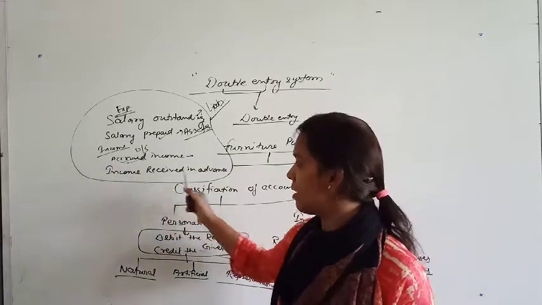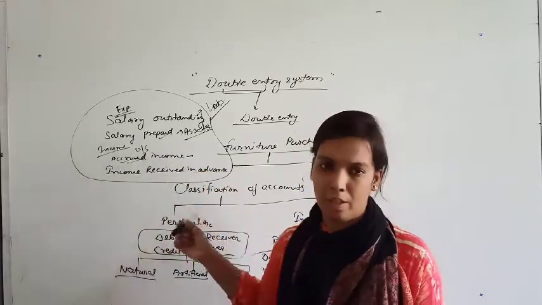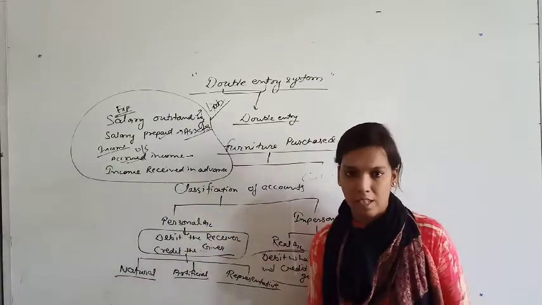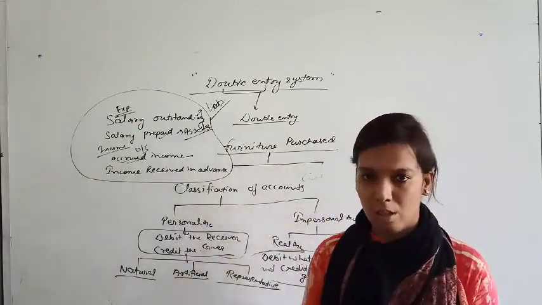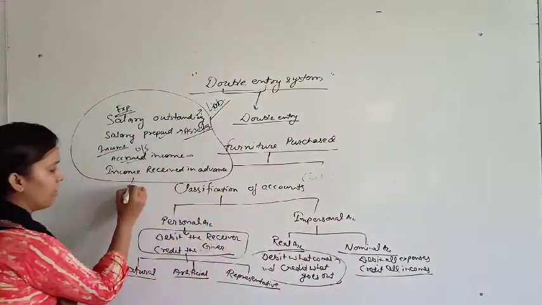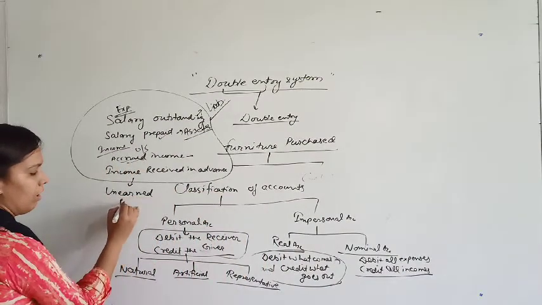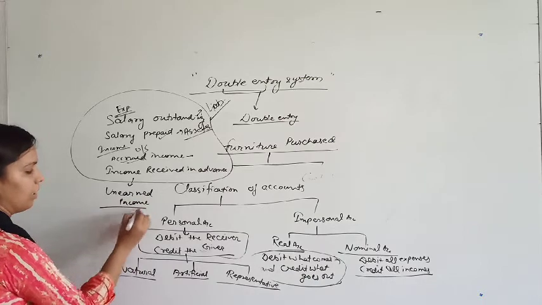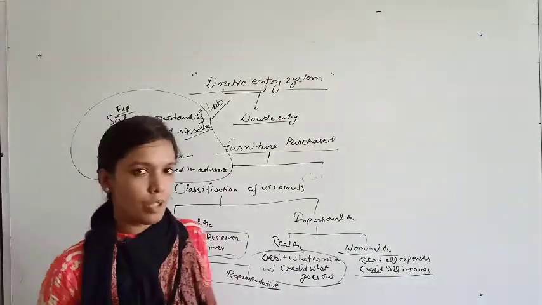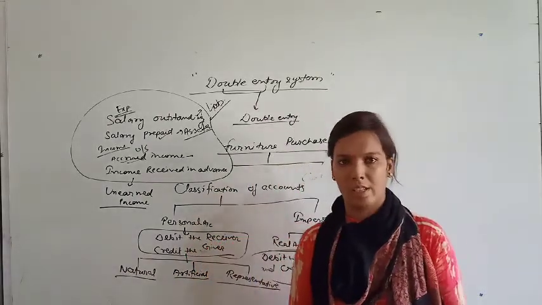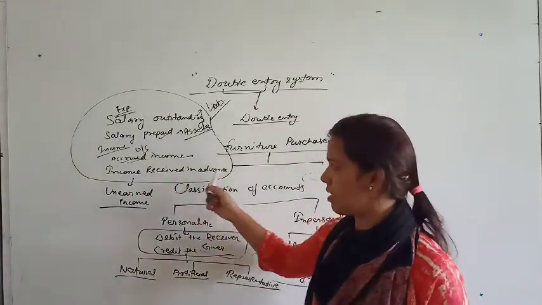And income received in advance is like prepaid. Prepaid is used for expenses, but for advance income we use income received in advance, and one more term we can use for this, that is unearned income. Unearned means you still did not give your services but you have received the payment in advance.